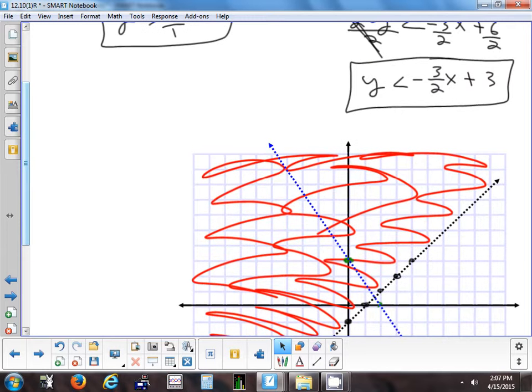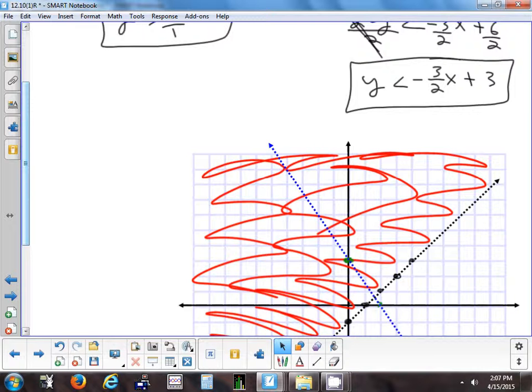Okay, Chelsea, above or below? What is that symbol right there? Less than. What does less than mean on your chart? Look at your chart. Mr. Wright, can you help her find it on her chart?